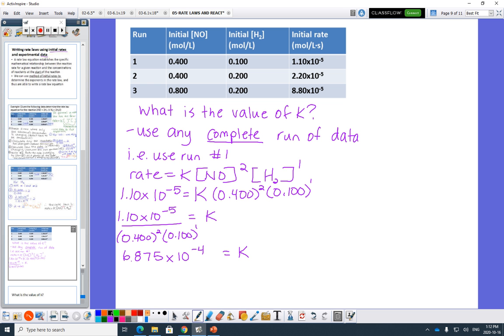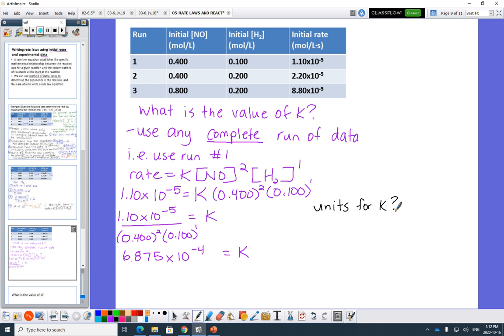Okay, so here are the units. If you want to just watch for a second, I'm going to use this line. I'm going to write it here, but it doesn't really matter. Okay, so we've got moles per liter second.